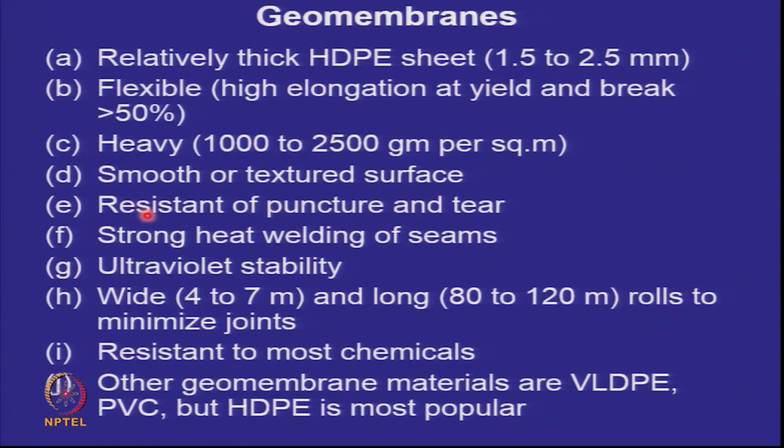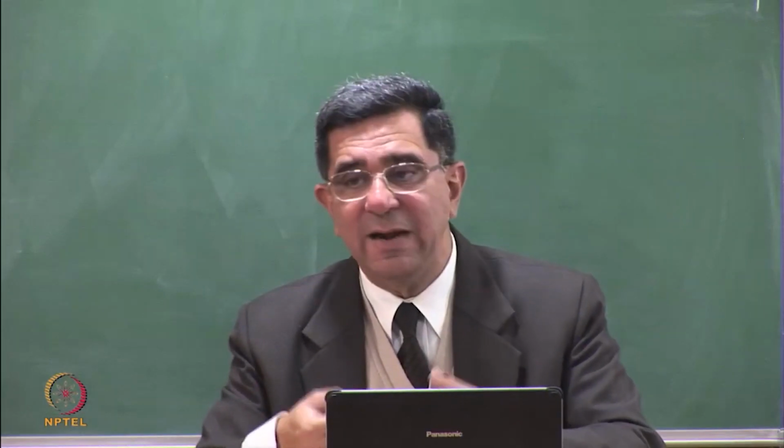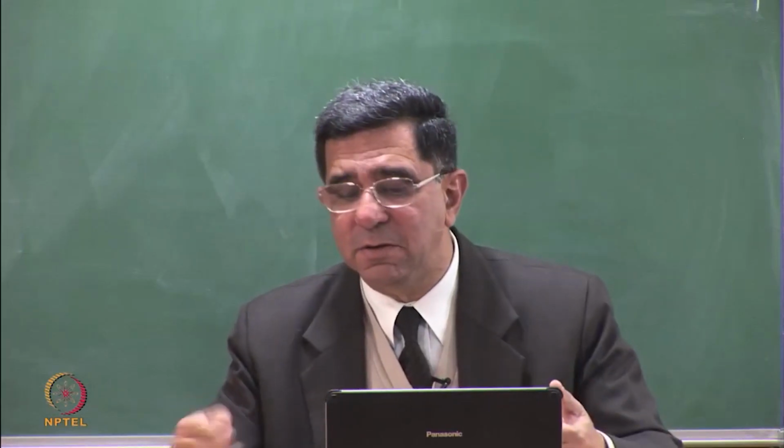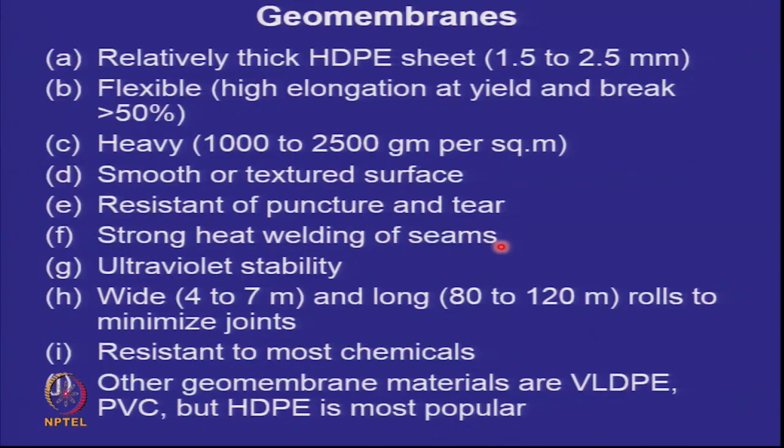And they will have resistance to puncture and tear. They can have strong welding of seams, almost the same strength as the parent material. When you weld something, you are always bothered. You have used thermal welding or you have added something. Is it as strong as the parent material? So in HDPE welding, you will see what is the quality control criteria.